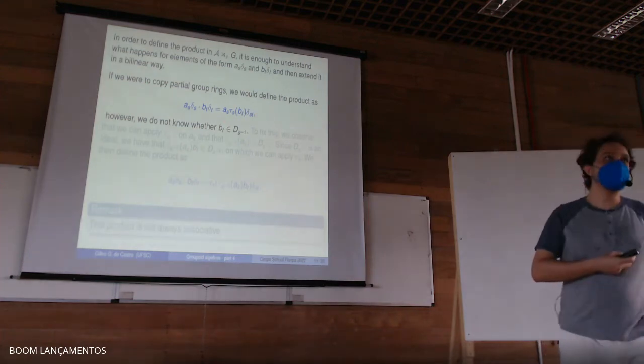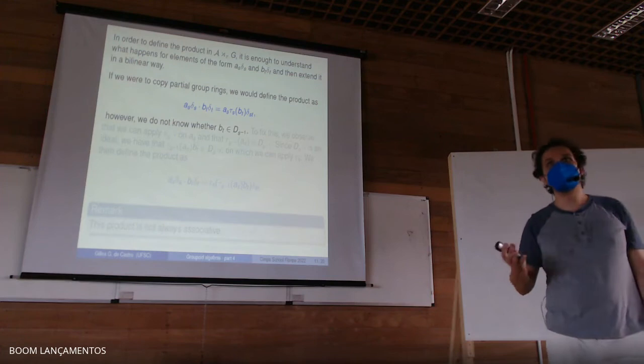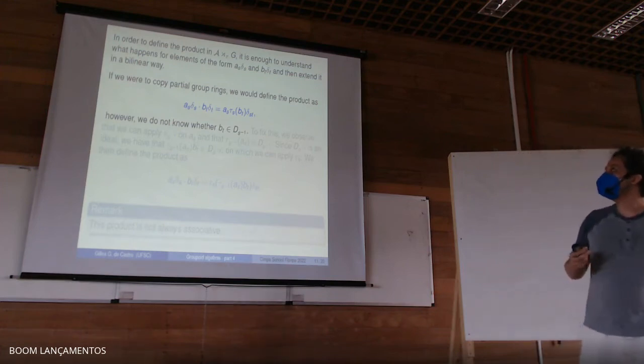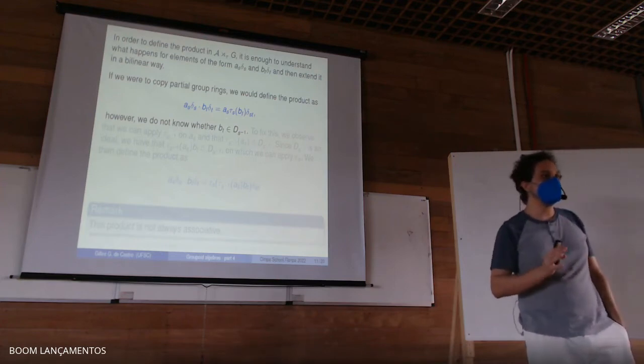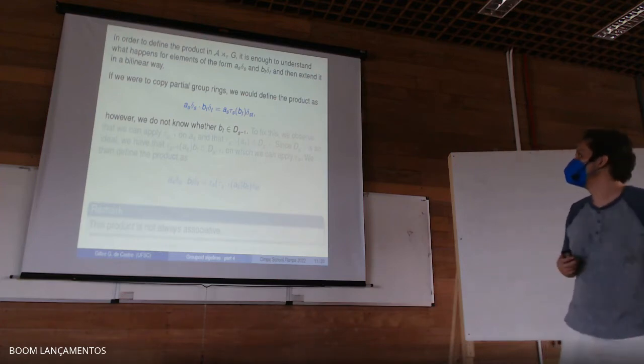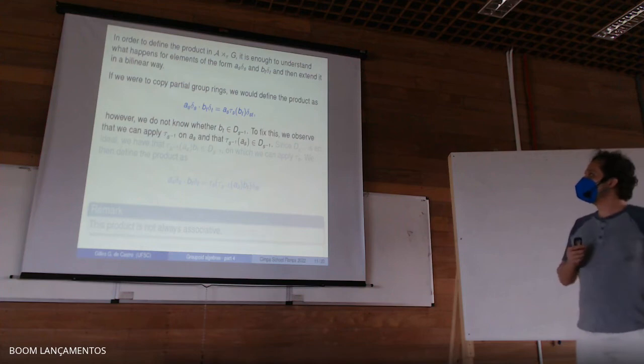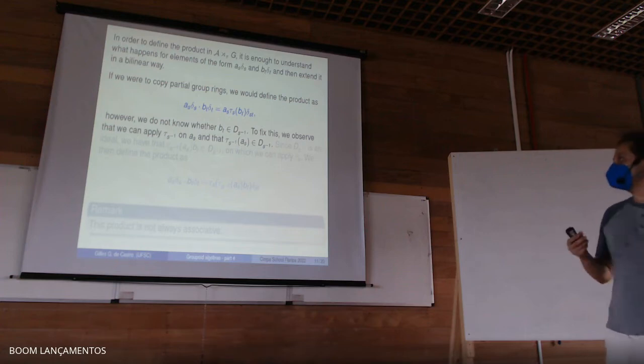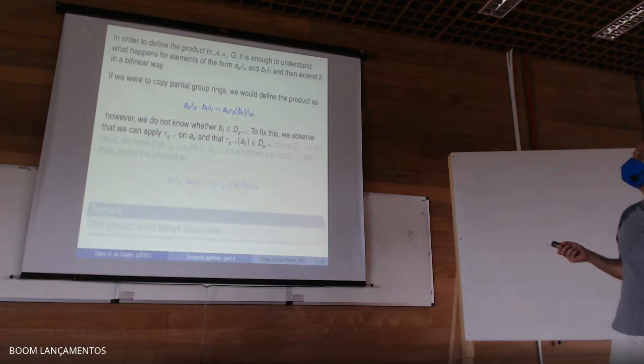The way that Hector corrected this was to consider that the ideals are unital, so we could multiply by the unity of the ideal, but I'm not considering the ideals to be unital, so I'm going to do this in a different way. The first thing we notice is that a_s is an element of D_s, and so we can apply tau_{s^-1} on this element.